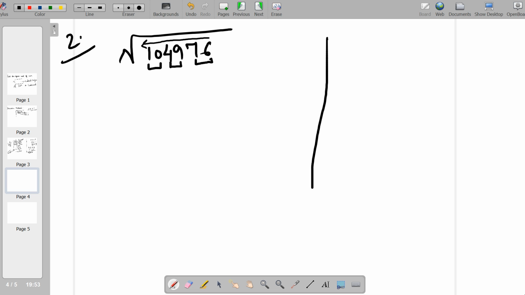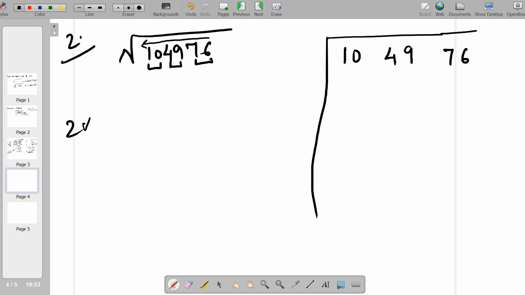Now put it in the division method. This is 104976. When you keep the spacing of the digits in this manner, there won't be any confusion about whether you have to drop a single 4 or the whole 49. So we will deal with group by group, not digit by digit. Now this 10.